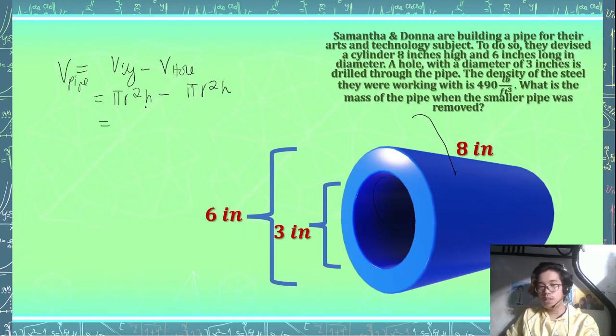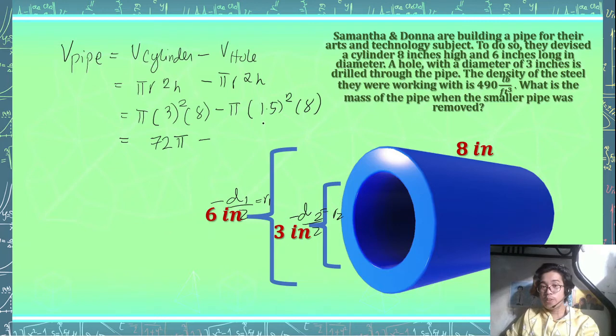And this is going to be pi times the value of r, the big cylinder first. So that's going to give us 3 squared multiplied by 8. And what's 1.5 squared? That's going to give us 2.25, multiplied by 8 times pi. And what's 2.25 times 8? That's just going to give us 18 pi.